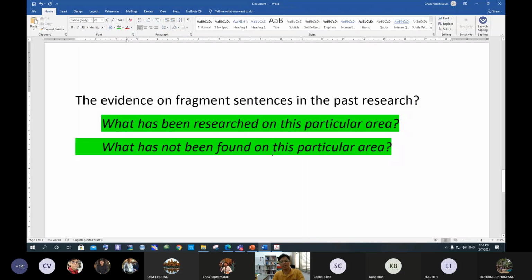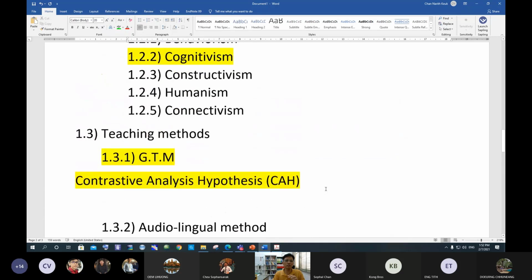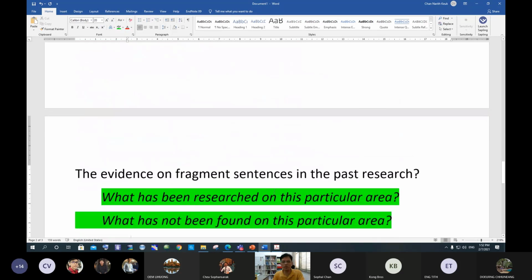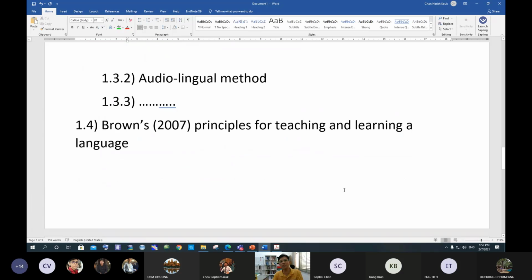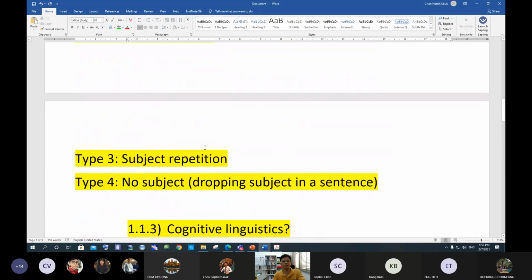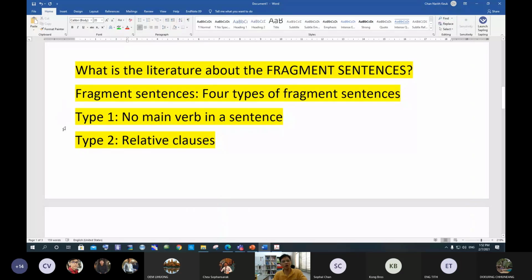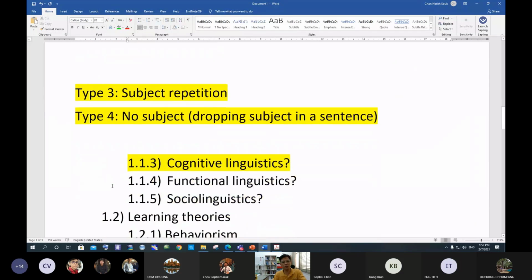These two questions: what has been researched on fragment sentences in the past research, and what has not been found. It's to use the evidence that you found in the past research with this theory. So we have type 1, type 2, type 3, and type 4.